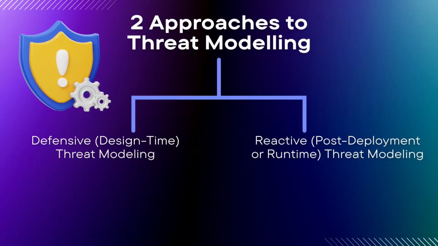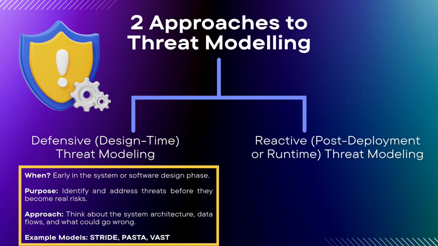Now let's look at the two main styles of threat modeling. First one is defensive and the other one is reactive approach. Defensive is also known as proactive and reactive is known as threat hunting or adversarial approach. Defensive threat modeling means thinking about threats early on, usually during the design or planning phase. This is where you ask what could go wrong before we build anything.